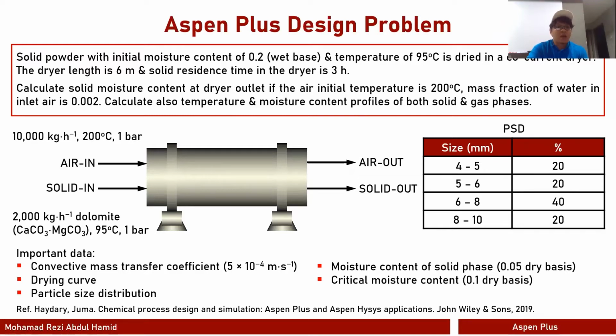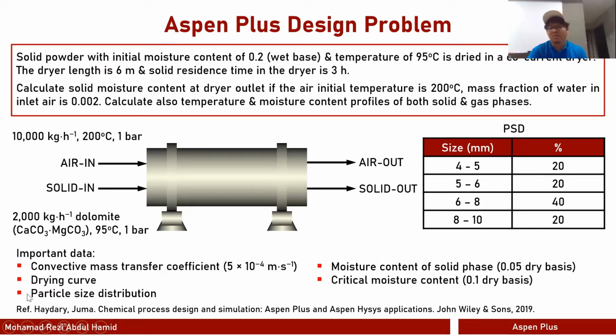Another important piece of information that we need to input, or at least take note of, is the convective mass transfer coefficient, which is 5 times 10 to the power of minus 4 meters per second. We also need to know the drying curve, how the drying behavior occurs for this solid inside the dryer.